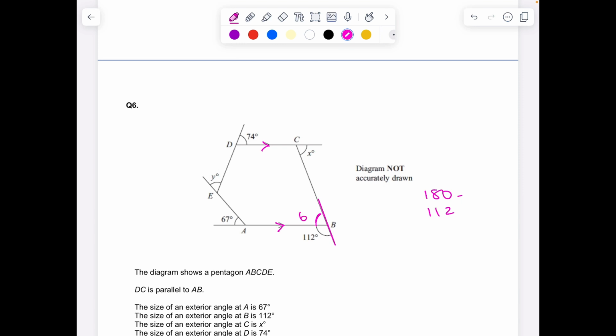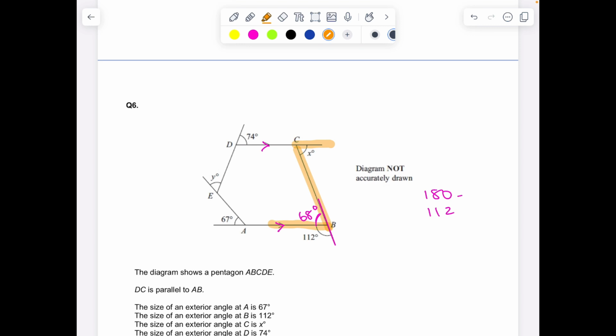So this here is 68 degrees. So we know that. And so we can then do some stuff with our alternate angles. So here, here, and here. We've got alternate angles.